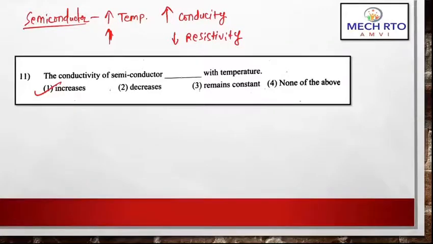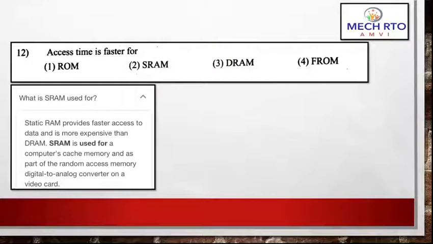Now moving on to the next question, access time is faster for. Basically here the correct answer is SRAM. You must have heard of cache memory in your mobile phones. That cache is your SRAM.